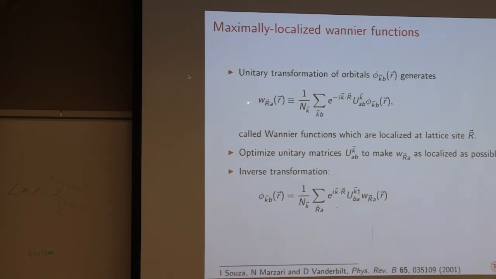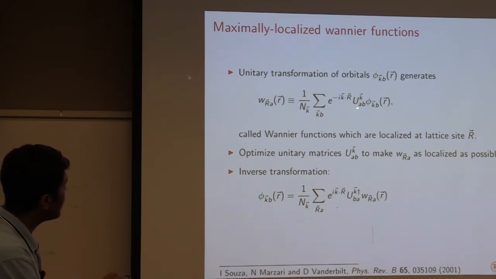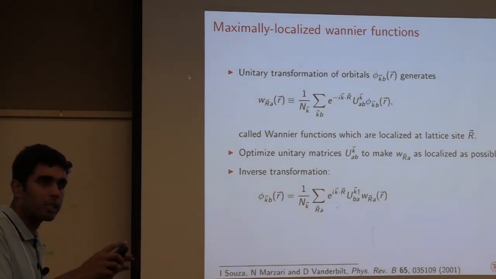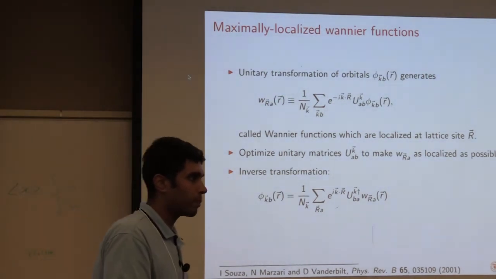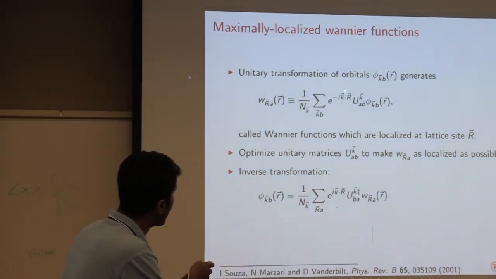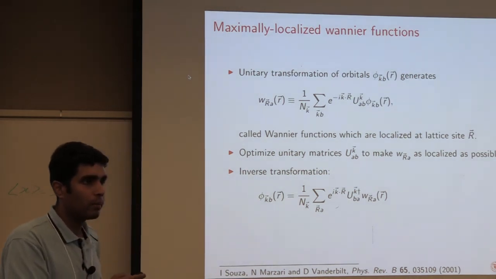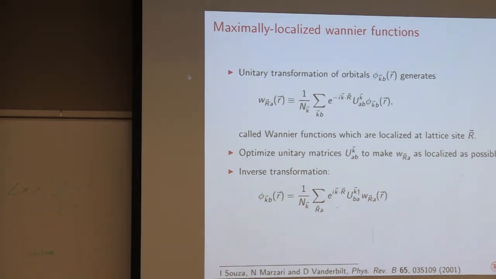Right? And that gives you new wave functions which are indexed by r and this new index a. And the property that is unique to them is, while these original functions were periodic in space, these new functions generated this way are localized. They are specifically localized around the site r. And more importantly, as you go away from that location r, these Wannier functions will decay exponentially.